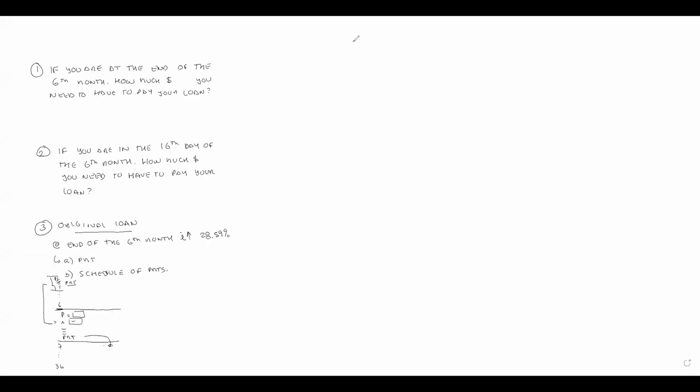Okay, so now let's assume, guys, that we are at the end of the 20th month, and you have, let's say, $10,000 to pay your current payment and some money to prepay.